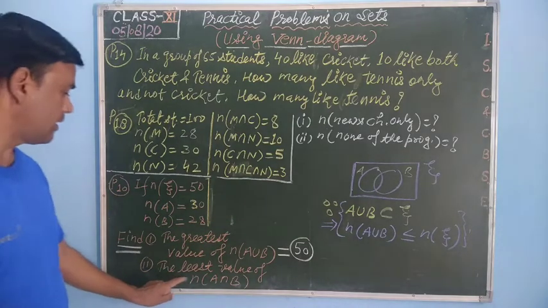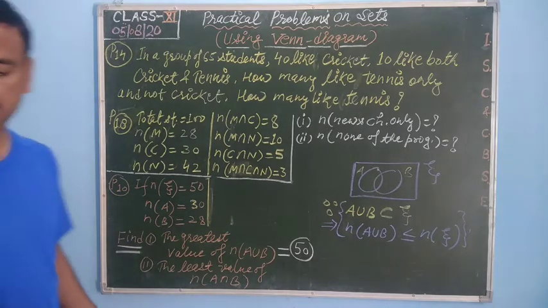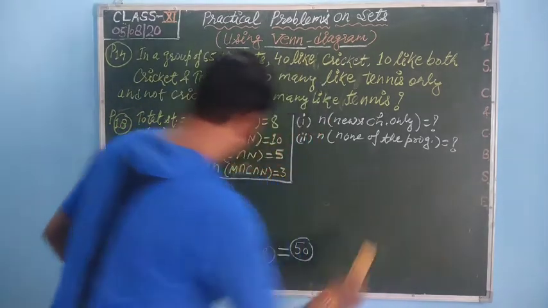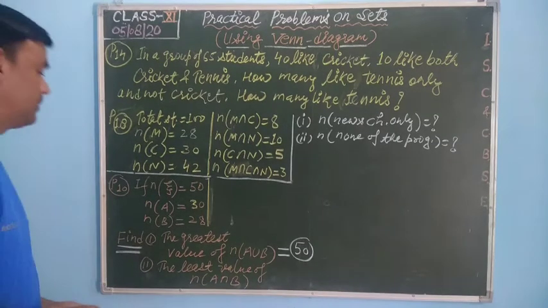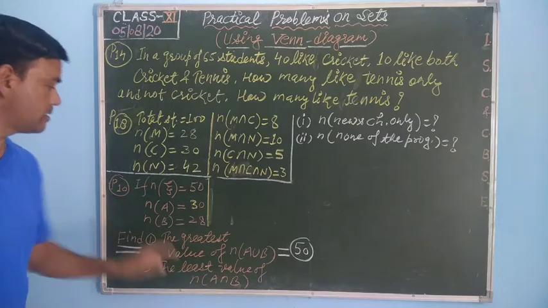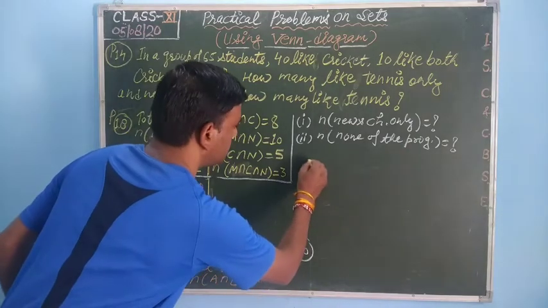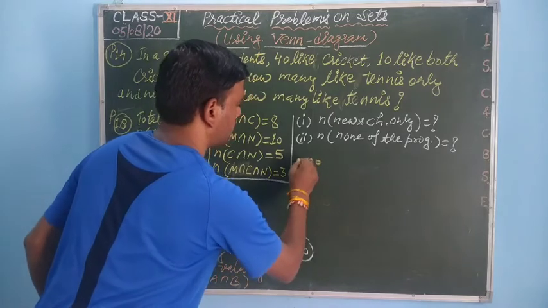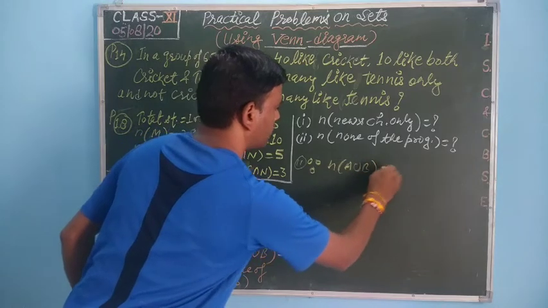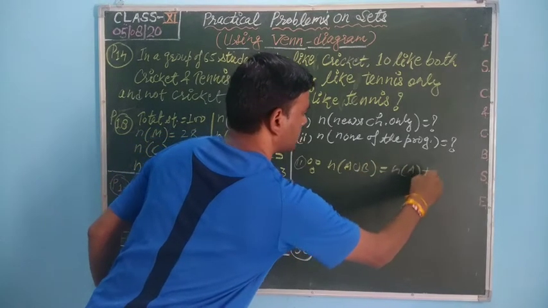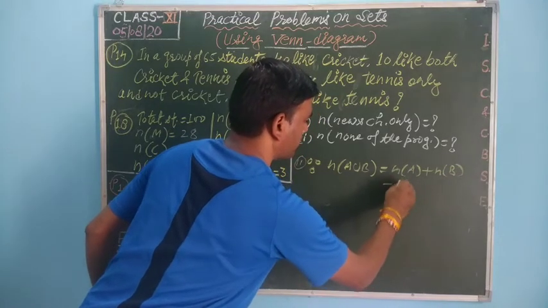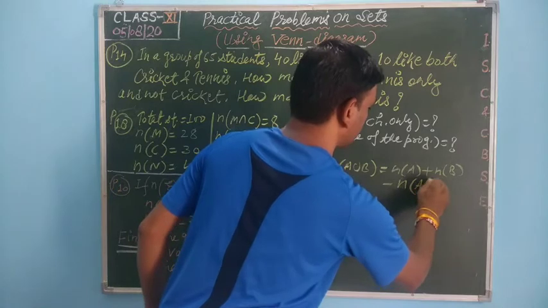Now the second portion: the least value of n(A intersection B). First of all, I will remove this from here. Okay, see here, the least value of n(A intersection B). So we have a formula here: n(A union B) is equal to n(A) plus n(B) minus n(A intersection B).